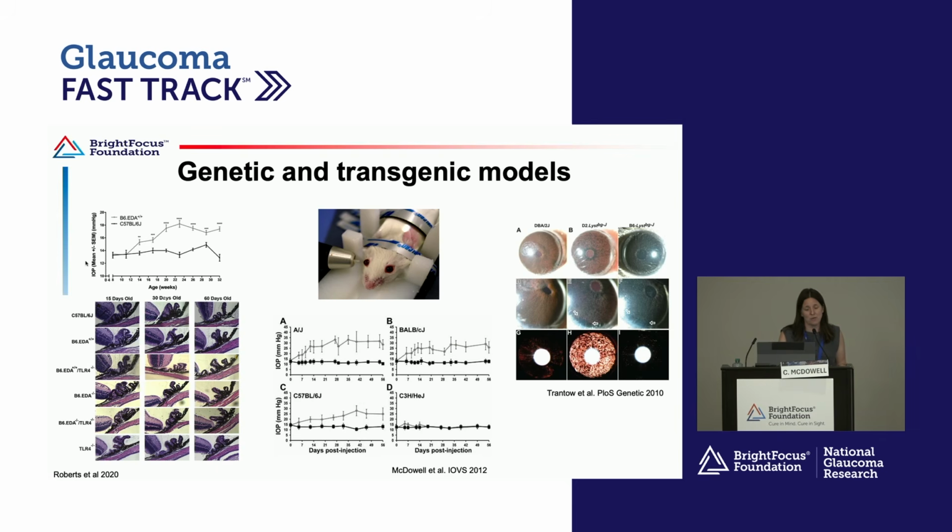And now in my own lab, I use a variety of transgenic models to look at ocular hypertension phenotypes and retina ganglion cell death phenotypes. And today I hope to convey to you how we can use things like spontaneous mutations like the DBA2J mouse, inbred mouse strains, as well as developing transgenic mice to study various aspects of glaucoma.